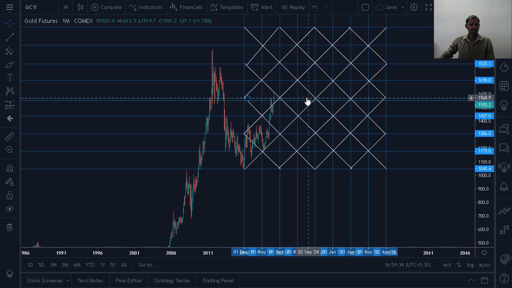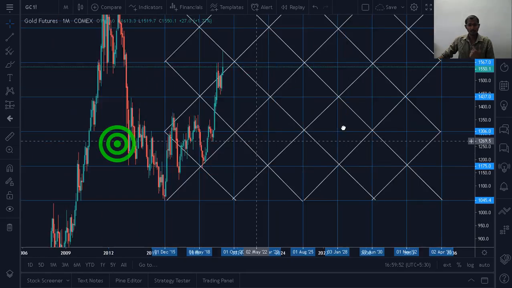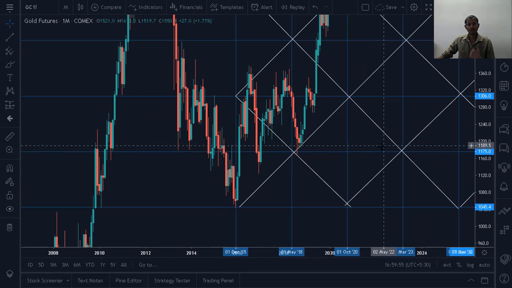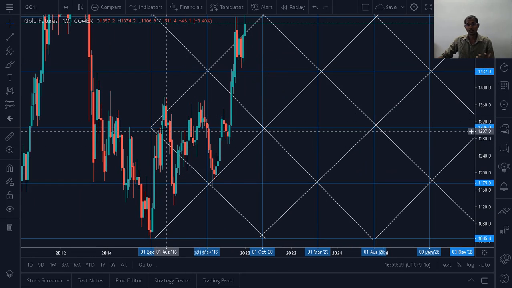Let's zoom in, where we are given a good idea. You can see these white lines serve as an important geometrical resistance, where the asset cannot cross that particular line as easily as it is doing elsewhere.